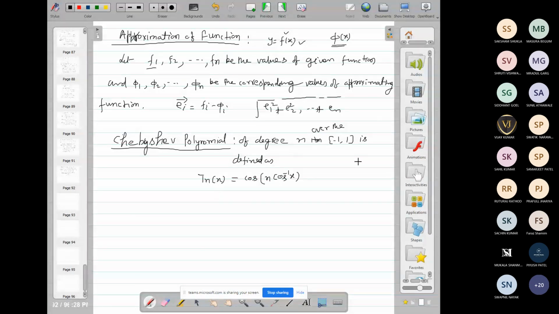In the interval -1 to 1, we define the Chebyshev polynomial Tn(x) of degree n, where n is equal to 0, 1, 2, 3, and so on, by this formula.